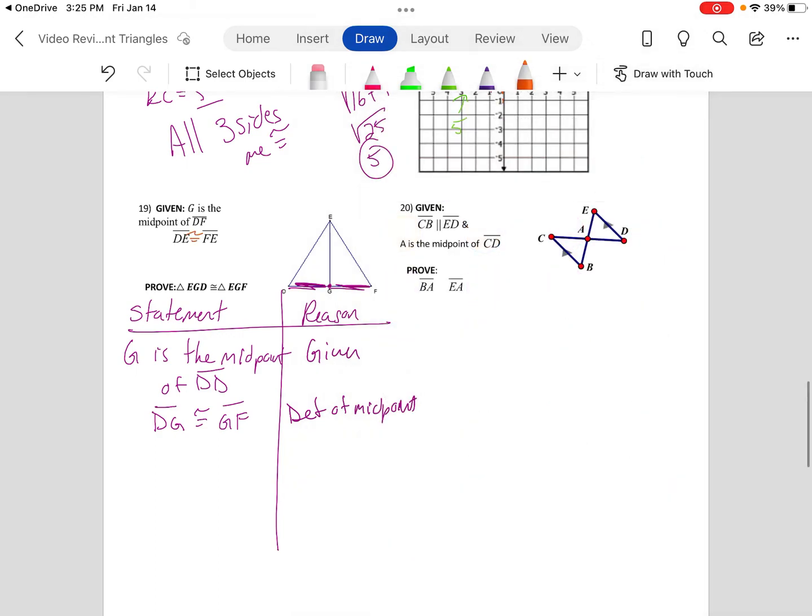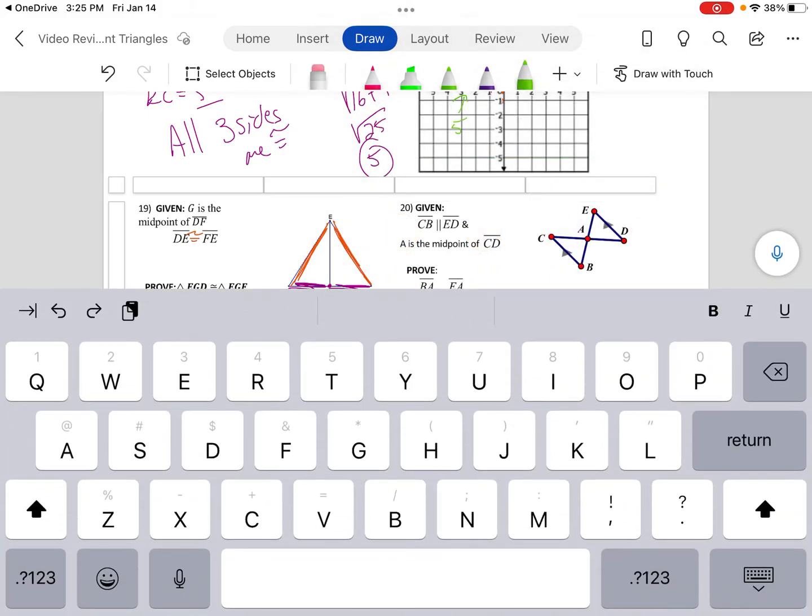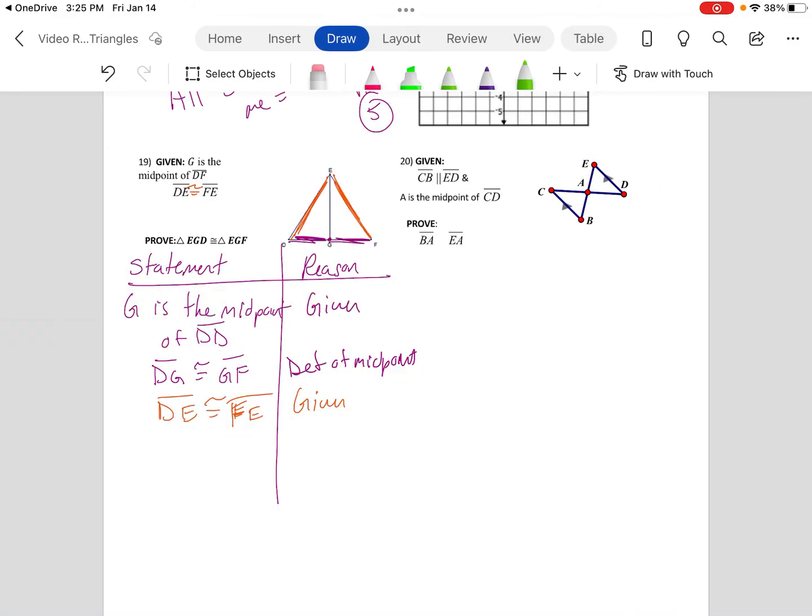I then write my congruent statement. So DE is congruent to FE. That's given to us. So DE, FE. And then once I have that, I know EG is congruent to EG.